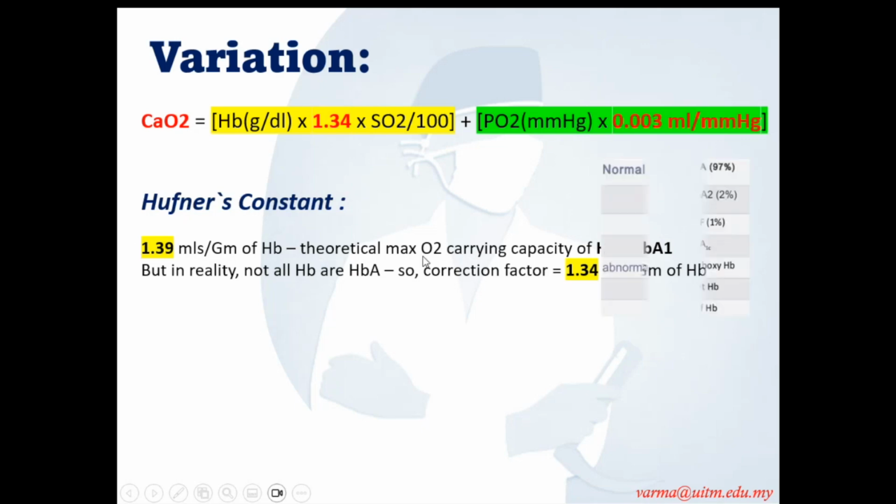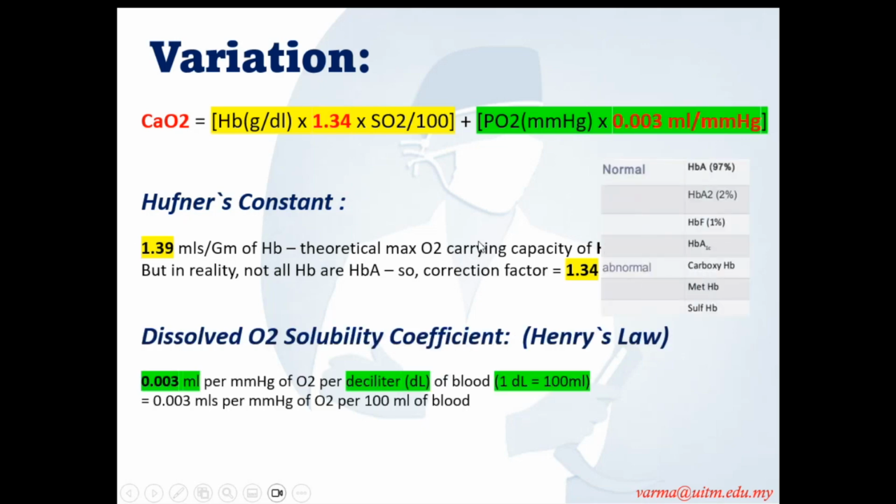Next, the solubility coefficient. The solubility coefficient follows Henry's law. We're not going to go into Henry's law. That will be in a physics class. I will talk about all the gas laws. So what does Henry's law say? 0.003 mL of oxygen can be dissolved in blood per millimeter of mercury. It must be mentioned per deciliter of blood.